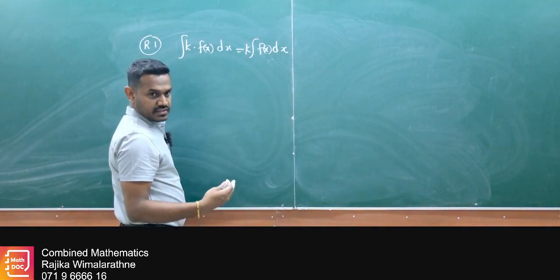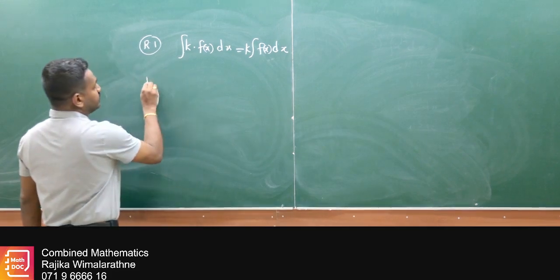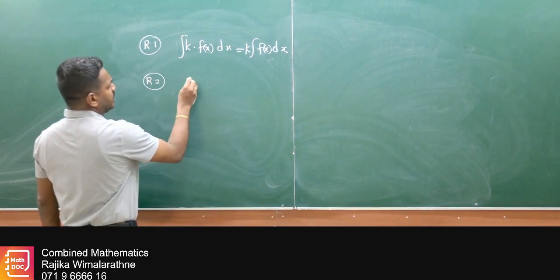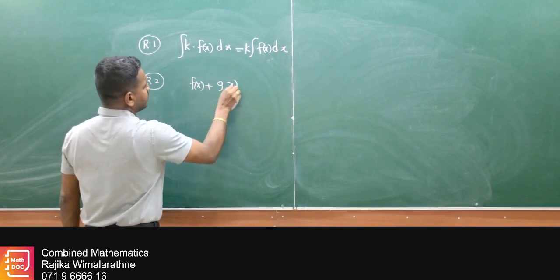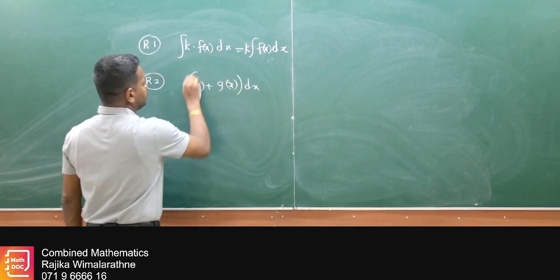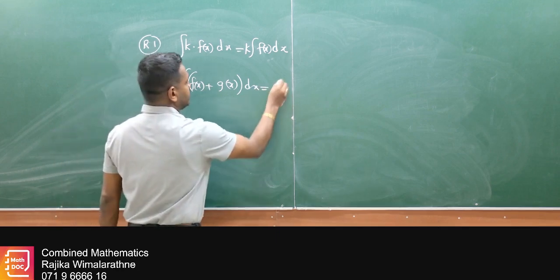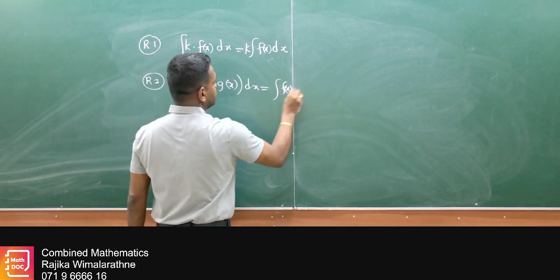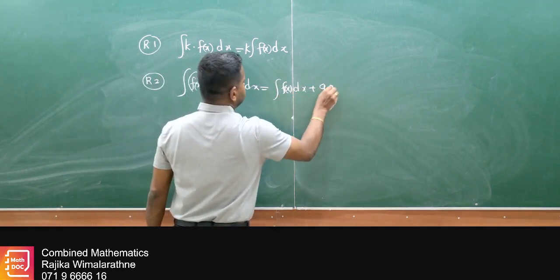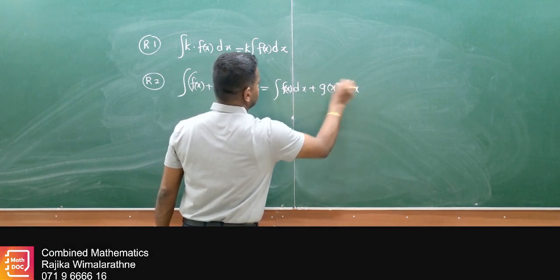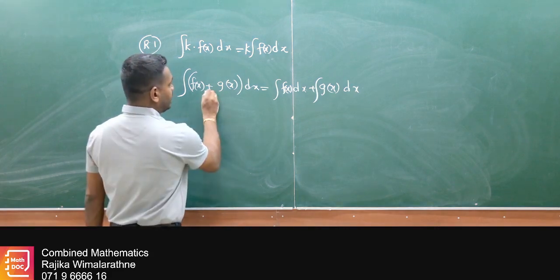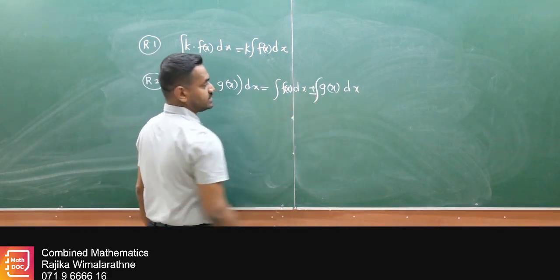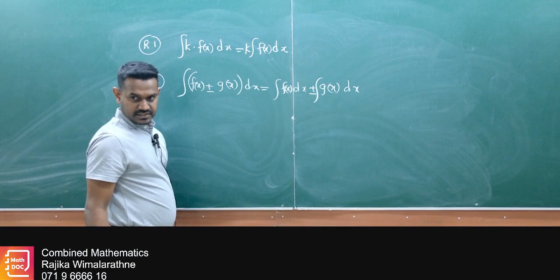Then rule number 2: if you have a sum of two functions to integrate, you can split it, f(x) dx plus g(x) dx. Likewise, you can separate it. So for minus, put minus.